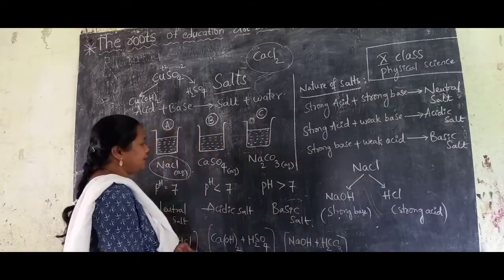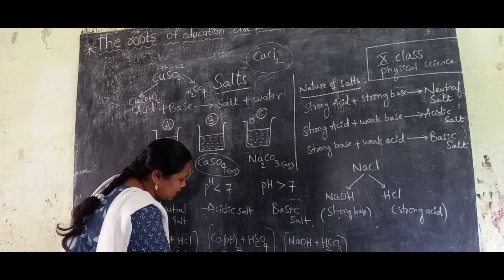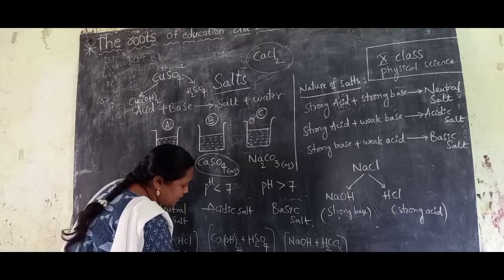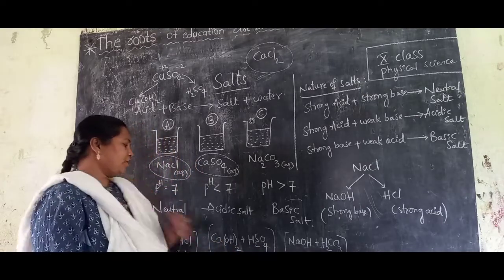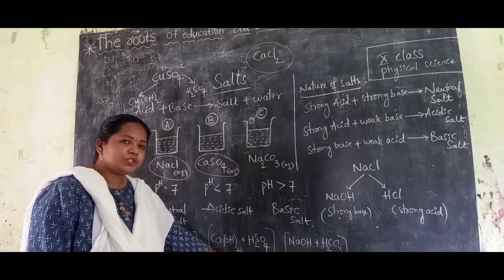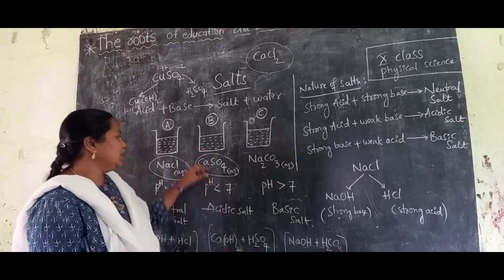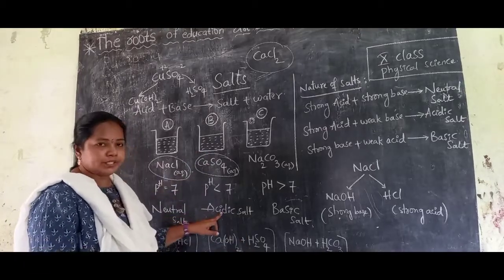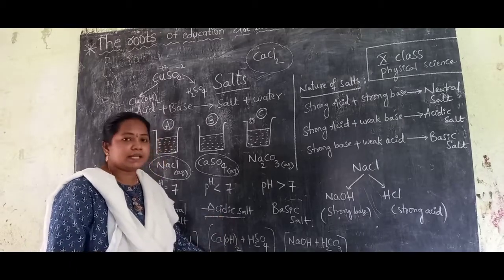Then coming to the second one, calcium sulfate is the salt which is formed from calcium hydroxide and sulfuric acid. Calcium hydroxide is a weak base and sulfuric acid is a strong acid. As it is formed from a strong acid and a weak base, where the acid is strong, the resulting salt formed from these two is also acidic in nature. Its nature will be acidic because it is formed from a strong acid.